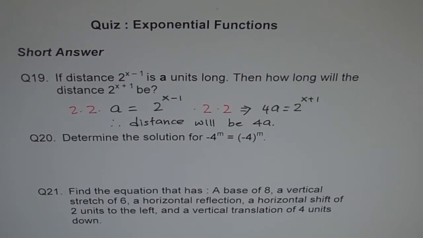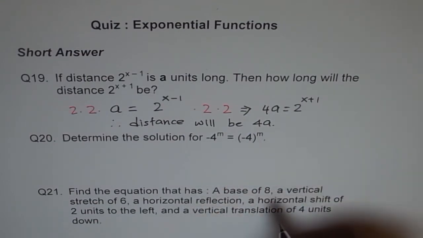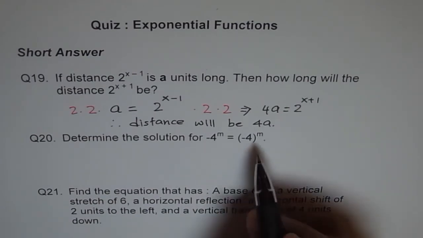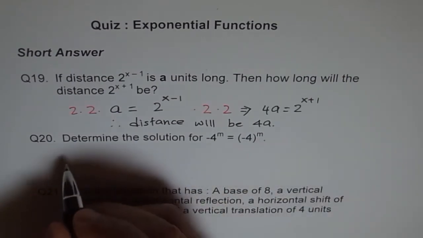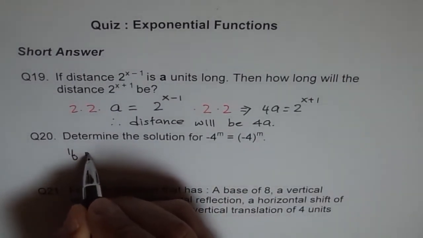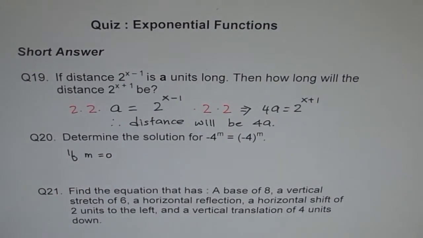Question 20. Determine the solution for minus 4 to the power of m equals minus 4 within brackets to the power of m. Okay, here I have seen many times students making a particular mistake, and let me go through that. Let us say m is 0. If m equals 0, then what do you get?